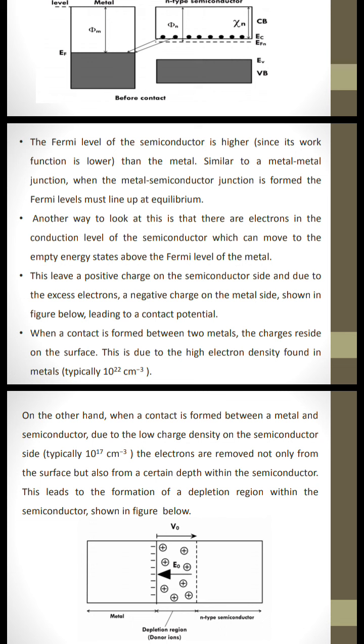When the metal-semiconductor junction is formed, the Fermi levels must line up at equilibrium.